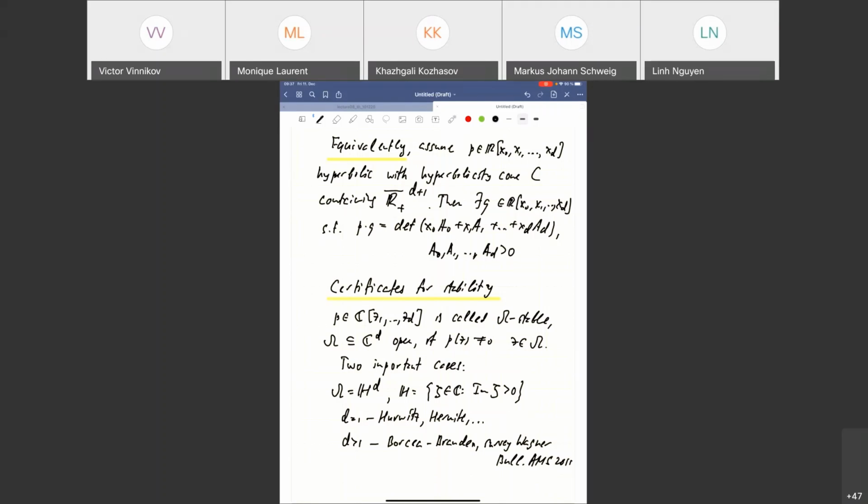And this is quite related to hyperbolicity in many ways, but in particular a way which is particularly suited for what I want to say. So this is related to hyperbolicity.